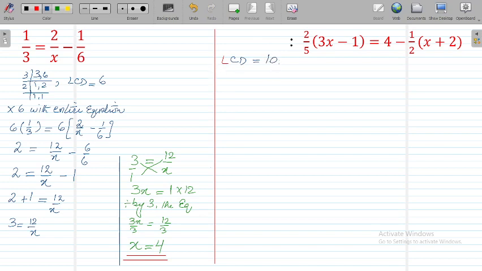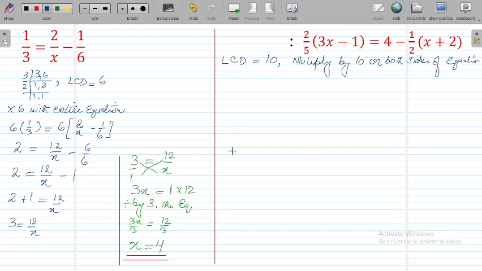Okay, and what will you say further? You multiply the entire equation by 10 on both sides of the equation.